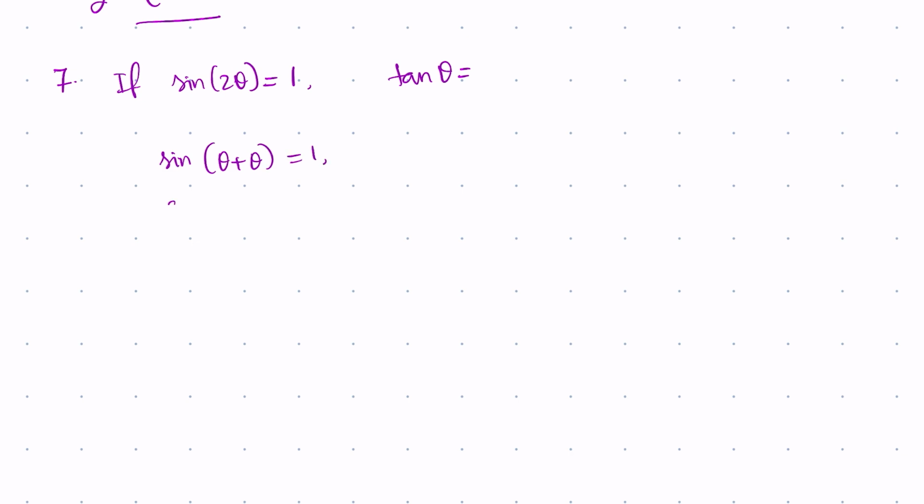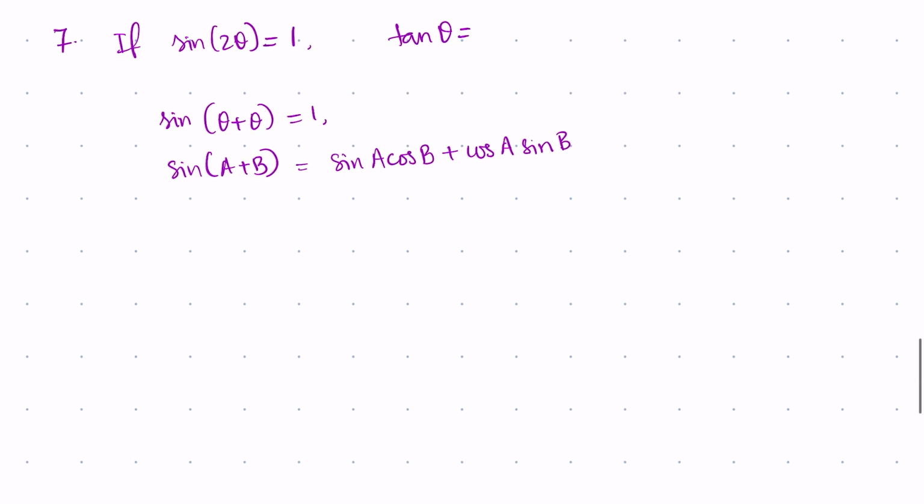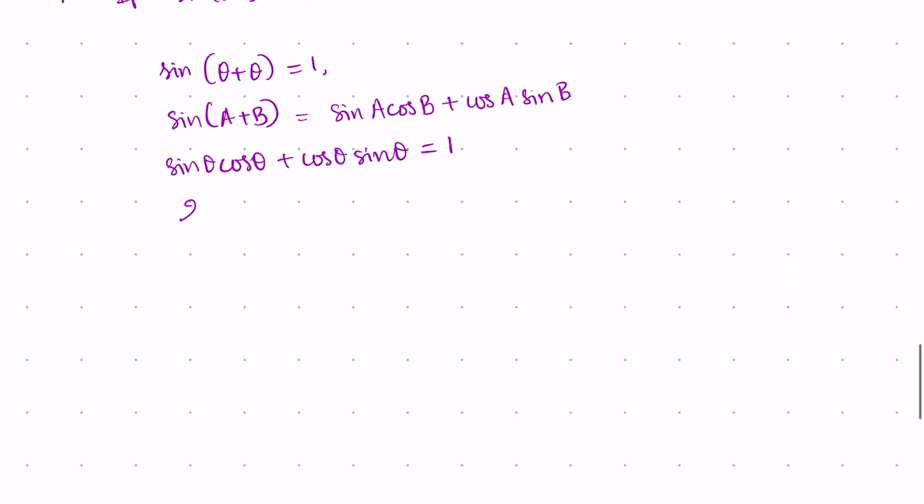If you recall, sine of A plus B is nothing but sine A cos B plus cos A sine B. In this case, A and B are both the same, theta, so we can rewrite the equation as sine theta cos theta plus cos theta sine theta is equal to 1, which is nothing but 2 times sine theta cos theta is equal to 1.